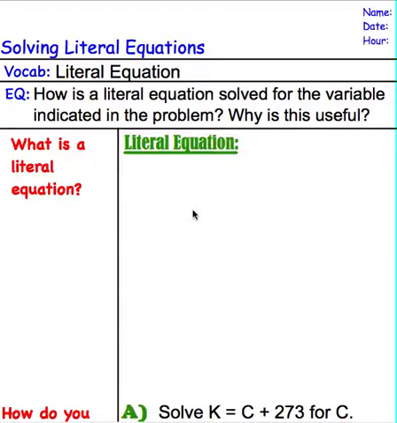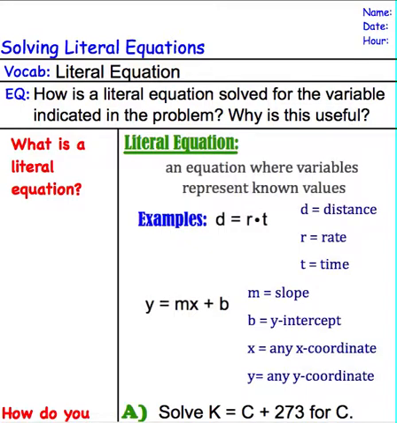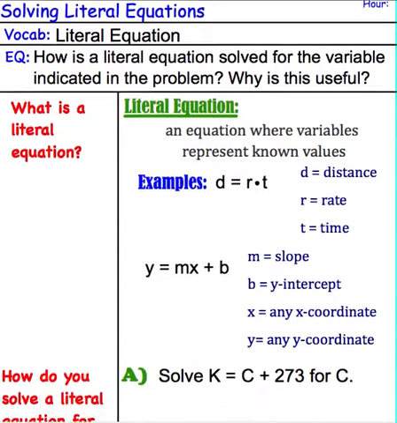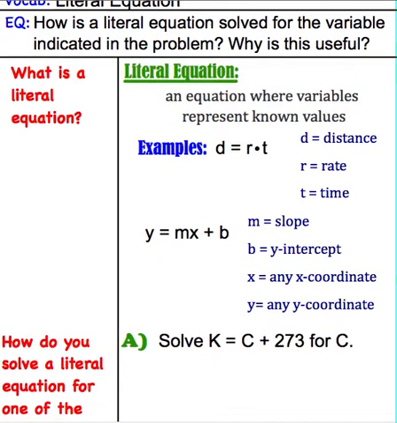And what we mean by a literal equation is an equation where variables represent known values. For example, d equals r times t is one that you will see often in science class, where d represents the distance traveled, r is the rate or speed at which you travel, and t is the amount of time you spend traveling.